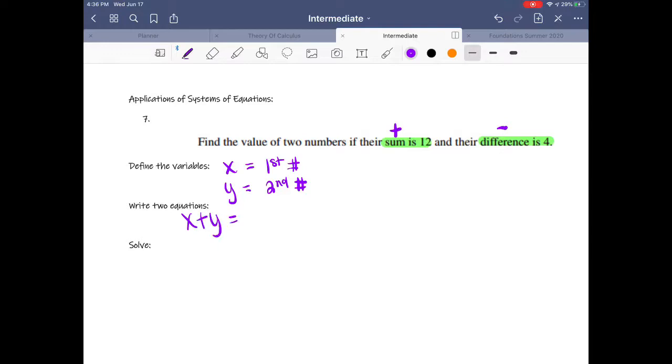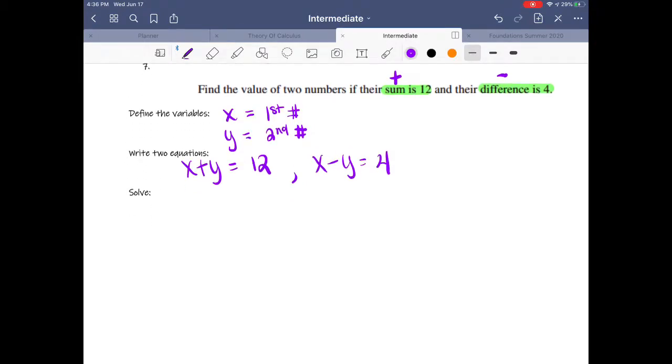So the sum of the two numbers is 12, and the difference of the two numbers is 4. So I have these two different equations. I'm trying to find x and y, so I can use a system of equations to solve. You could use substitution, graphing, or elimination.